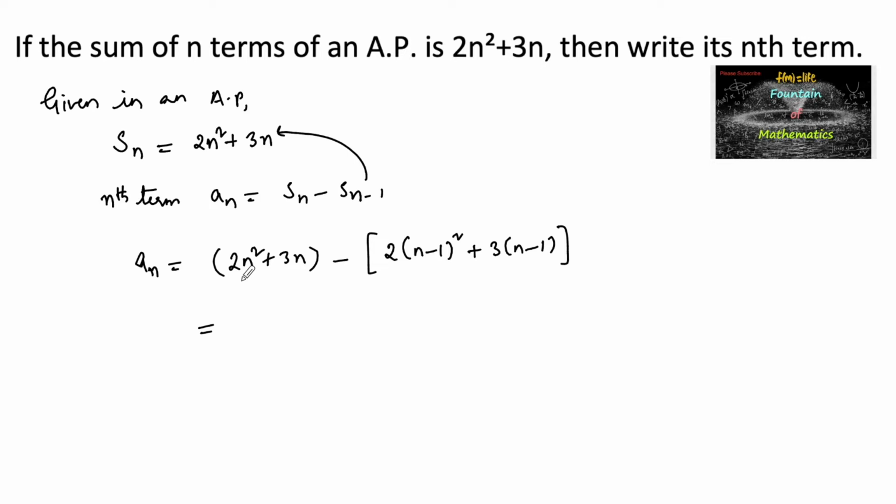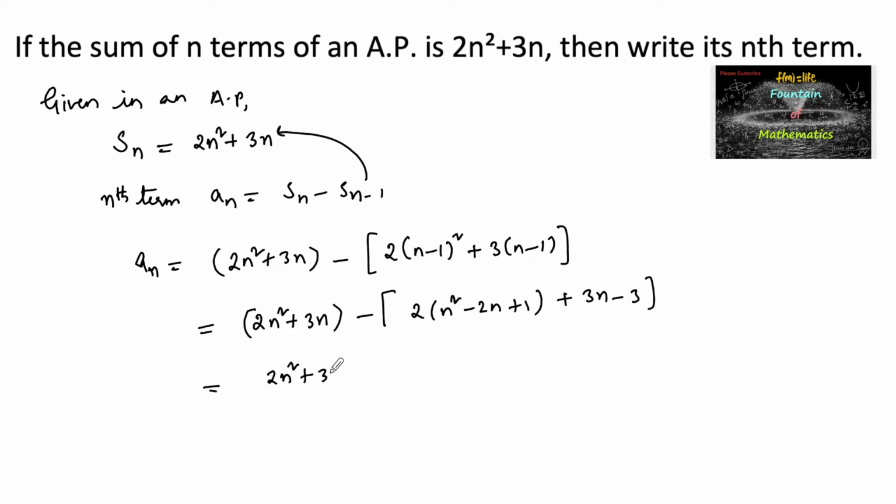So 2n square plus 3n minus, let us simplify this, 2 times (n minus 1) whole square, that is n square minus 2n plus 1, and plus 3n minus 3. Or we can write 2n square plus 3n minus (2n square minus 4n plus 2 plus 3n minus 3).